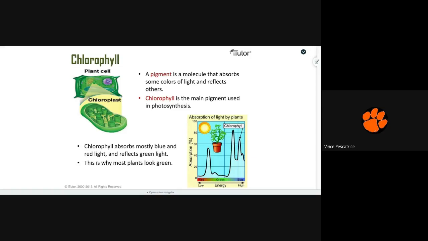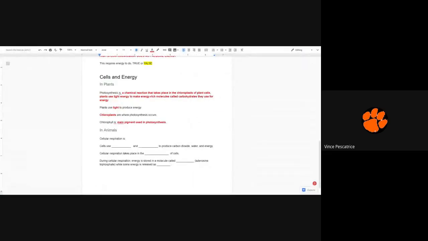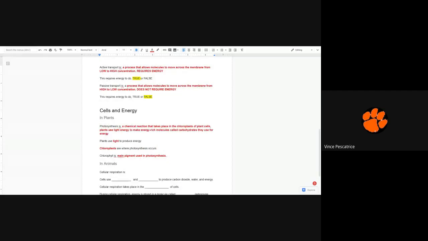This is why most plants look green: they have chloroplasts, and it's absorbing all the rays of light except green, and then it reflects green back off the plant. Okay, if you're following along, this is how your notes should look right now.